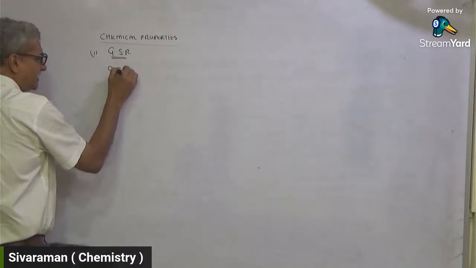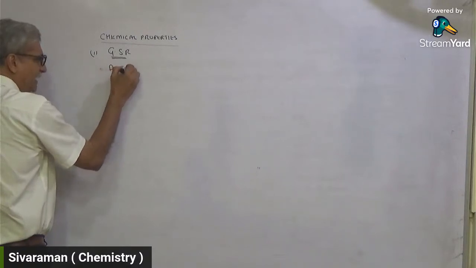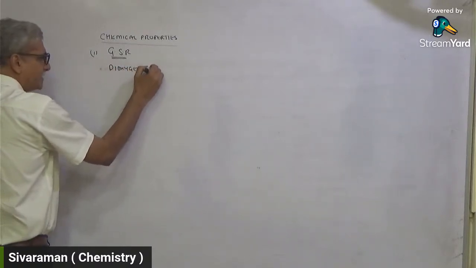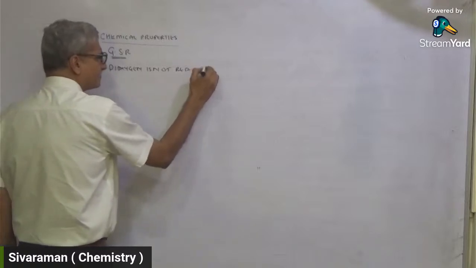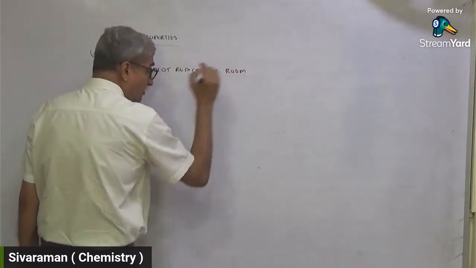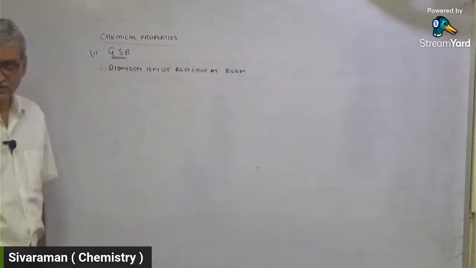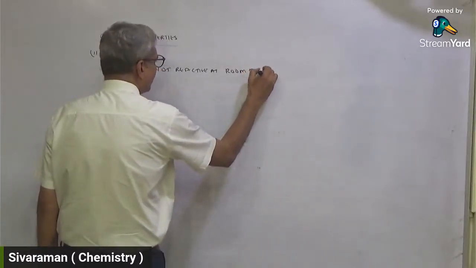Oxygen is not reactive. Dioxygen, let us be very clear, is not reactive at room temperature. It supports combustion, but it does not react. Remember that.